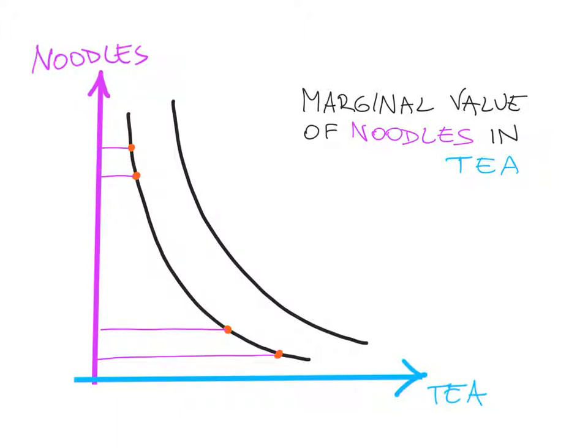Yeah, Jimmy. So the more extreme you get, the less you value each good. So at the middle you probably value them equally. 5 and 5 would be about equal, but at like 10T, you would probably trade a lot more to get just one noodle than at 5T. Very good.